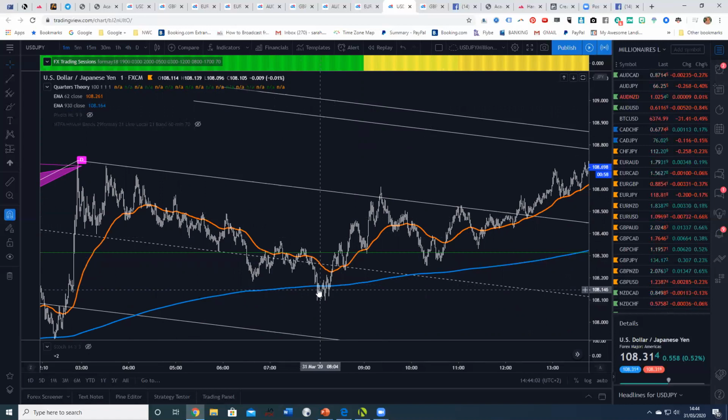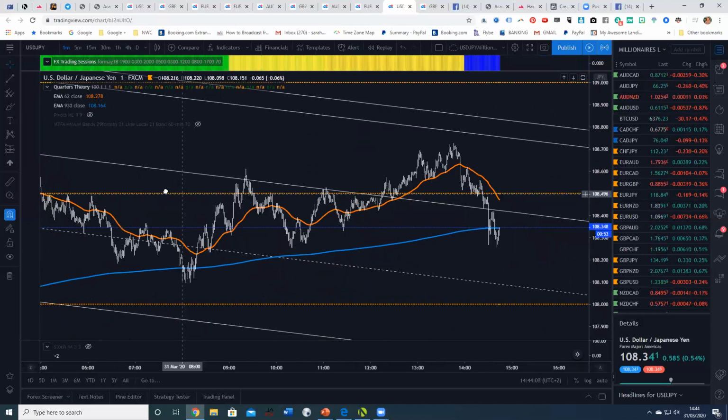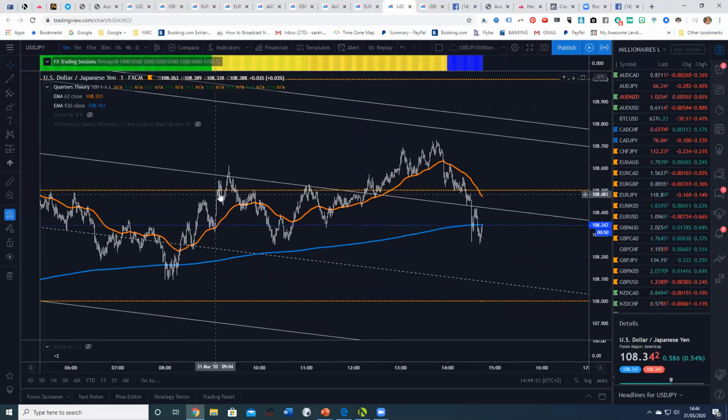There it is testing, at the end of the Tokyo session, the 15-minute, and then up to the quarter theory, wicks off the pitchfork, comes back down, doesn't quite make it to the 15-minute, back to the pitchfork, a strong line of support and resistance. It doesn't like it at that level, and drops down to the 62 again, which it stays along.